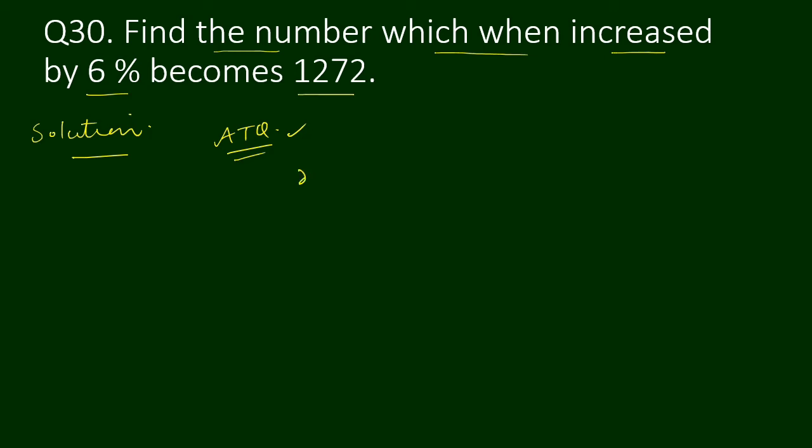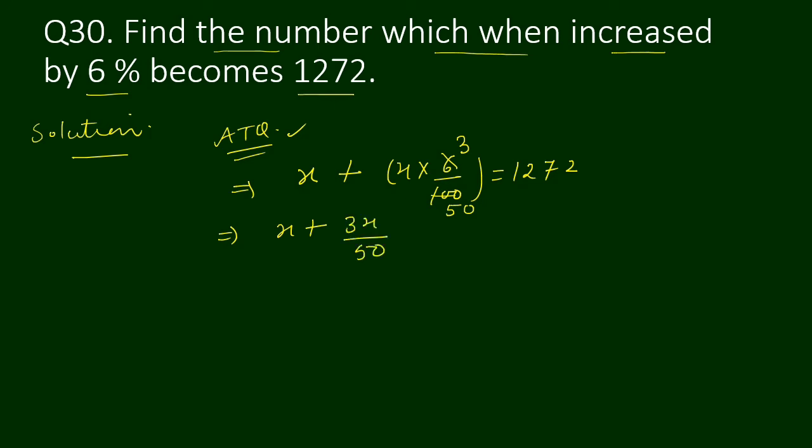So if the number was x, increased by 6%, it becomes 1272. After that you know how to solve it. Very first you have to cancel it. 2 threes are 6, 2 fives are 10, 0 as it is. So this way you will get 3x upon 50 equals 1272.